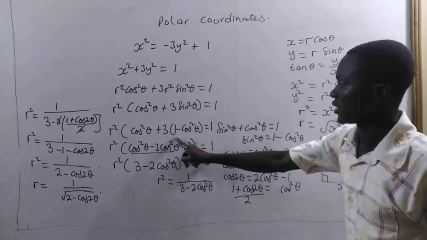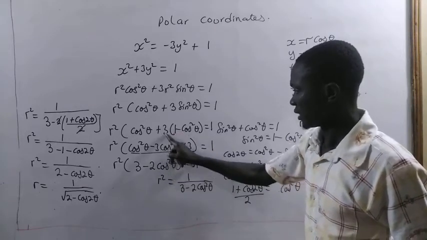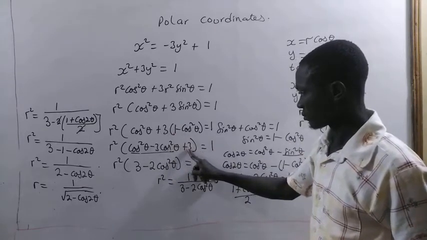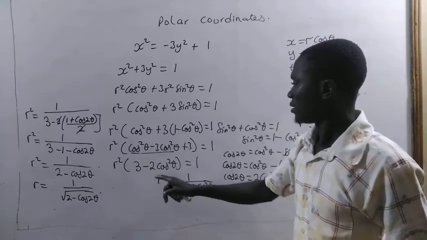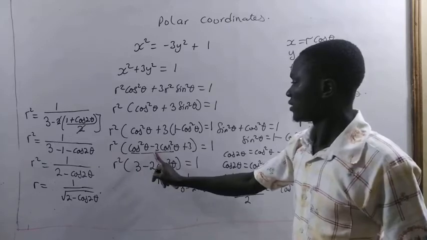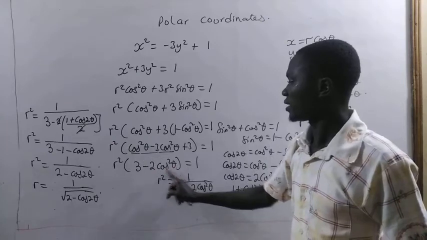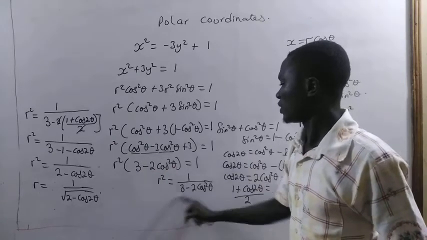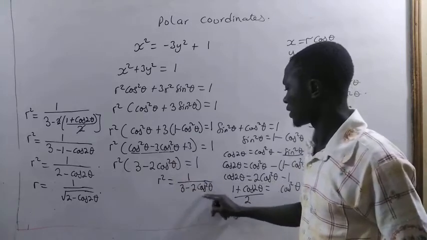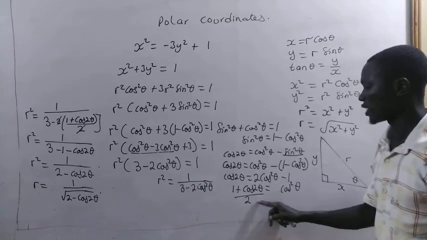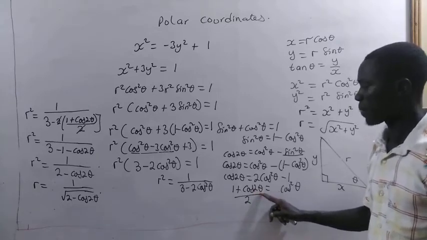If we put it here, you get 3 times this, that is minus 3 cosine squared, and 3 times 1 will give us positive 3. Now, if we take minus 3 from positive 1, we get minus 2 cosine squared theta, and we have 3. Then we divide. We have cosine squared here, so we are going to replace the cosine squared, and this is the expression for the cosine squared in terms of cosine 2 theta. That is why I've used that.